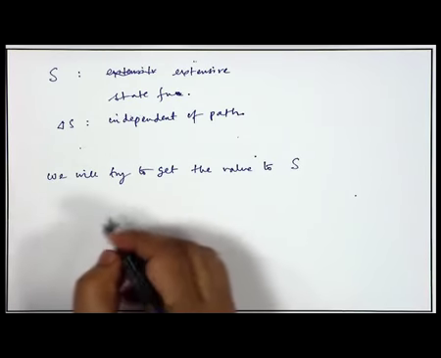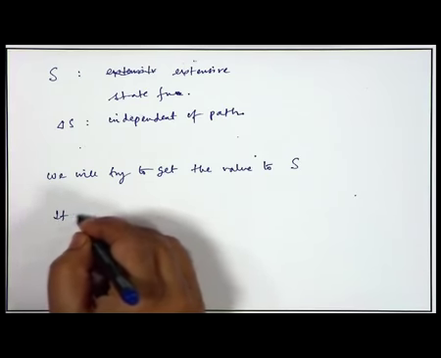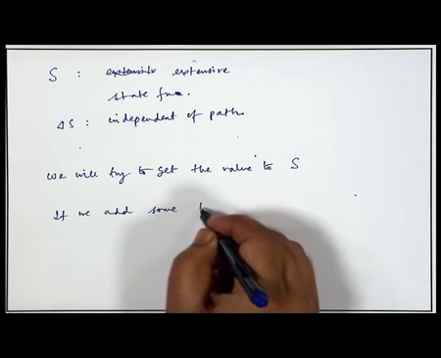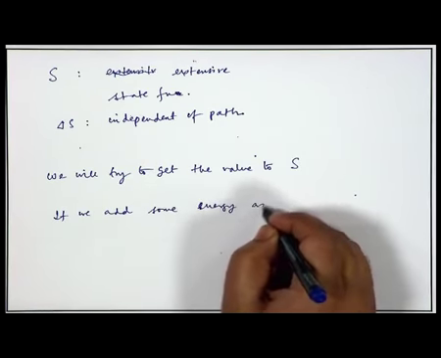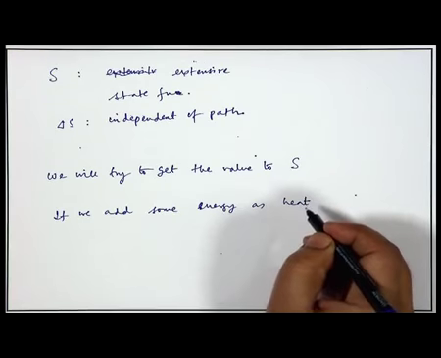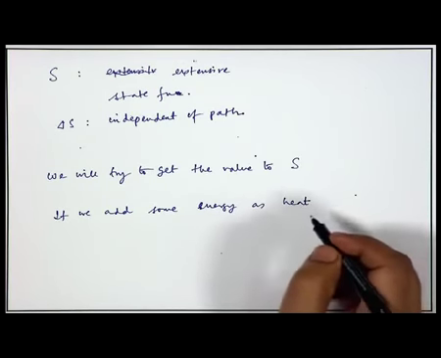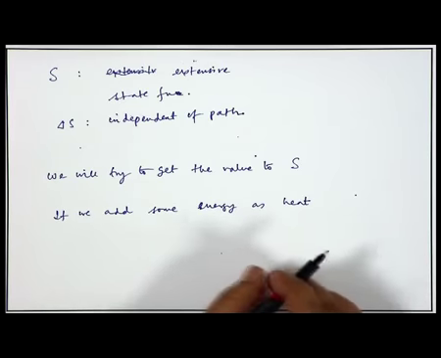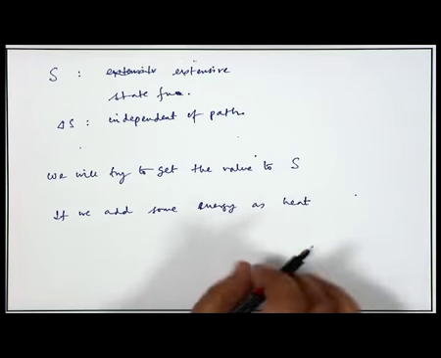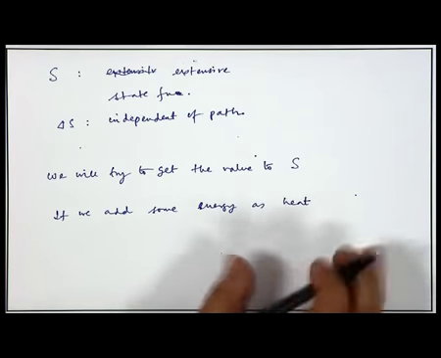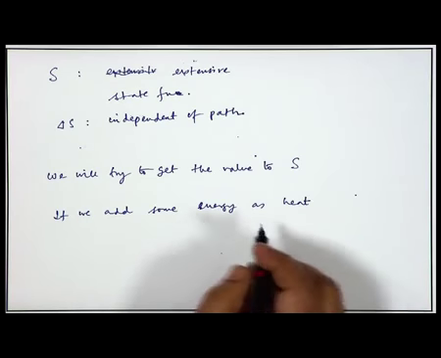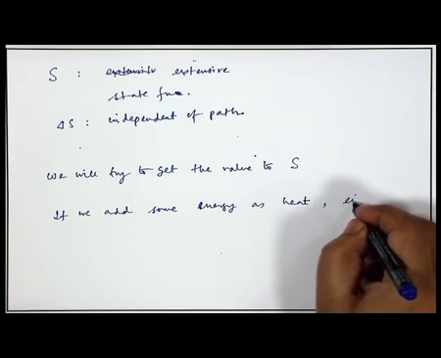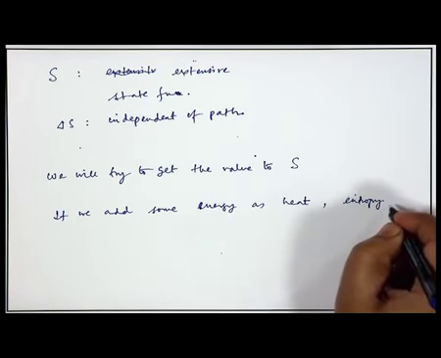Now, what we have seen is that if we add some energy as heat, the molecules move faster. If you are talking about gas, they move faster. If it is a solid, they will start vibrating with a higher oscillation amplitude about the mean position. So, basically we see that when you add some energy as heat, entropy goes up.